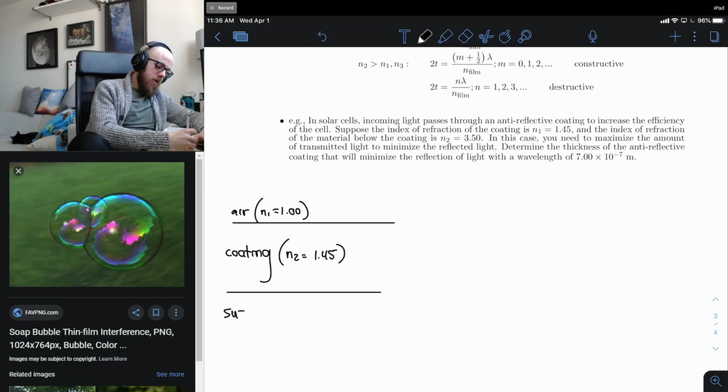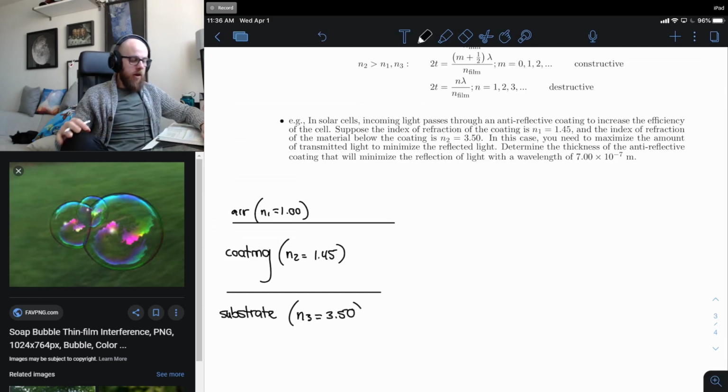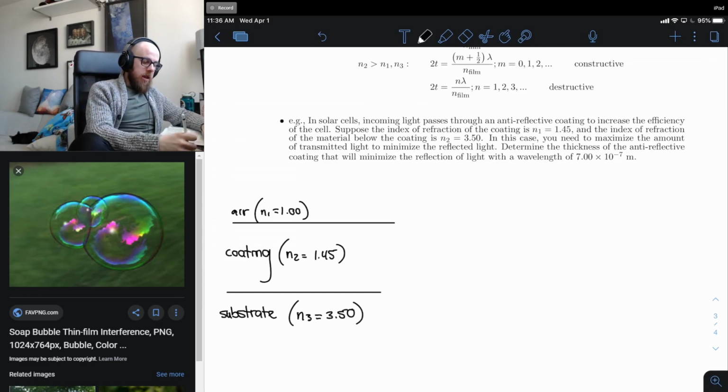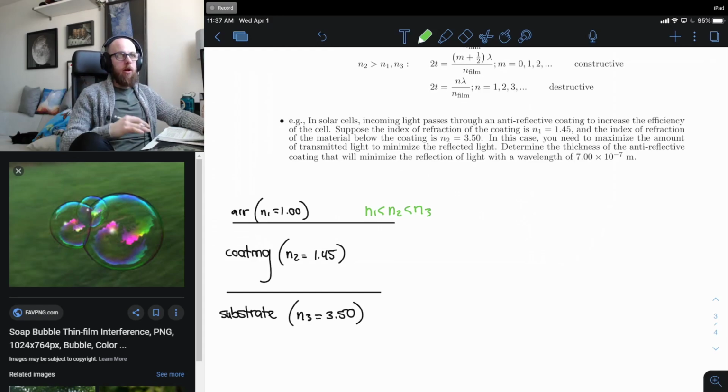So N3 is equal to 3.50. And so immediately we notice that we're in the scenario of N1 less than N2 less than N3. So our indices of refraction progressively get larger as we go. Okay.